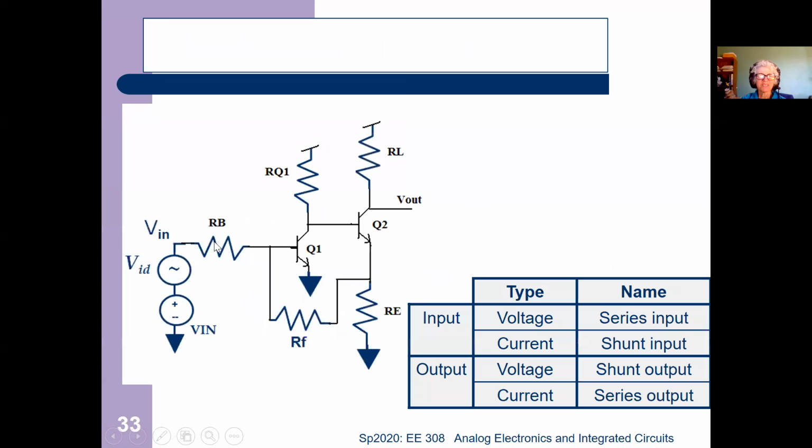Let's go one more practice. What about this one? Kind of ignore this source right here. Just know that this is the input at this node, and ignore RB and voltage. This is the input. So what kind of amplifier is this? How about in terms of series and shunt?